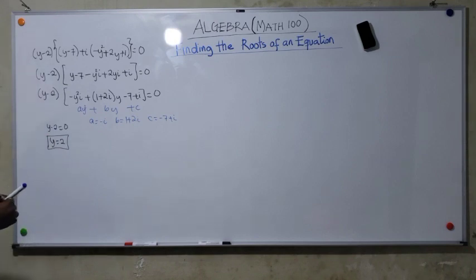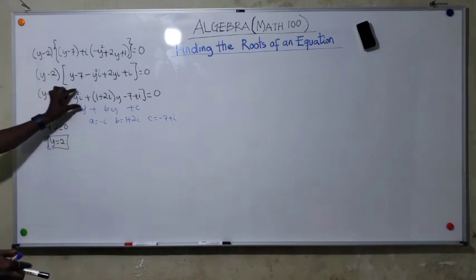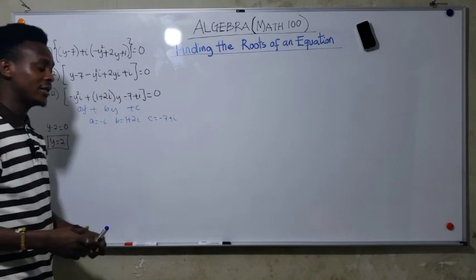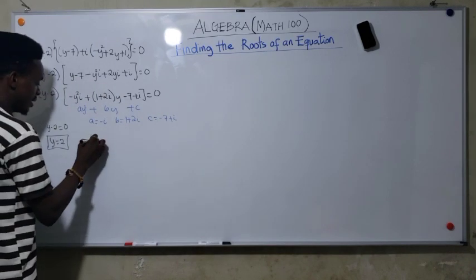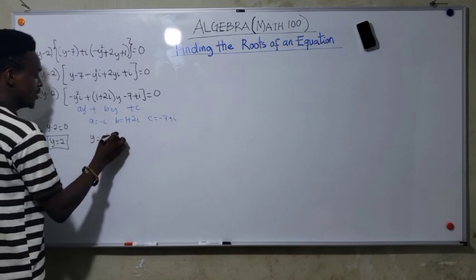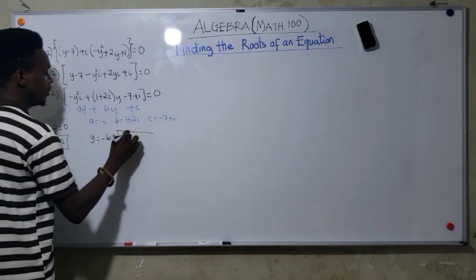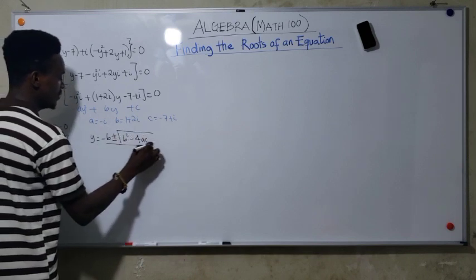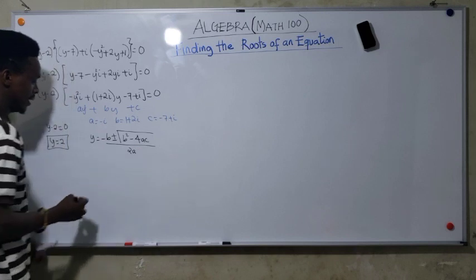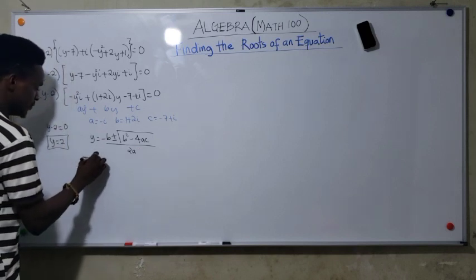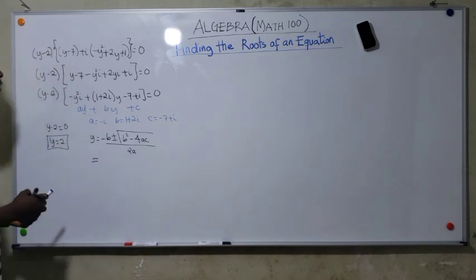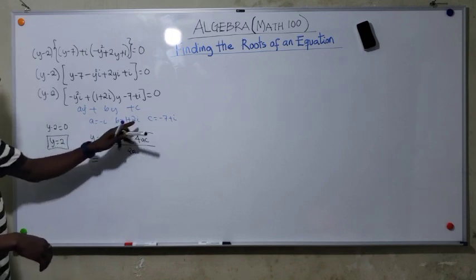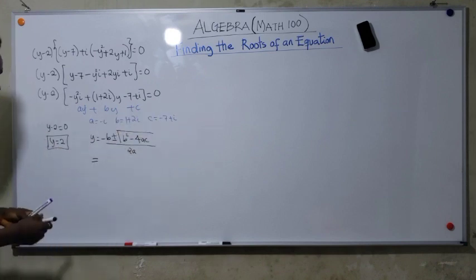For the next roots, to solve the quadratic equation with complex roots, we use the quadratic formula that says y is equal to minus b plus or minus the root of b squared minus 4ac, all divided by 2a, where a is minus r, b is 1 plus 2r, and c is minus 7 plus r.